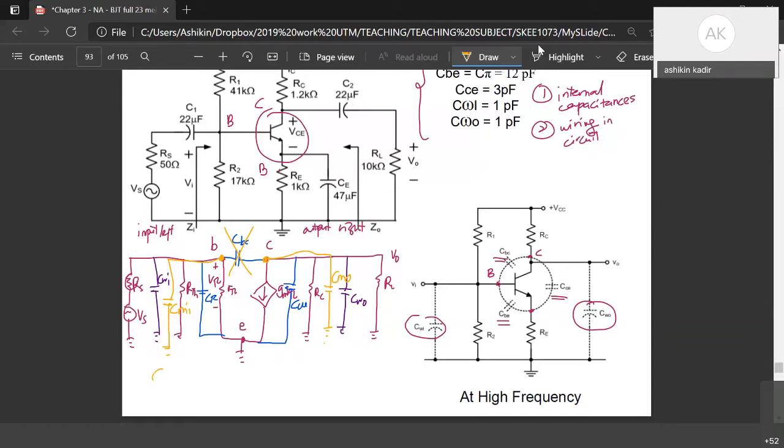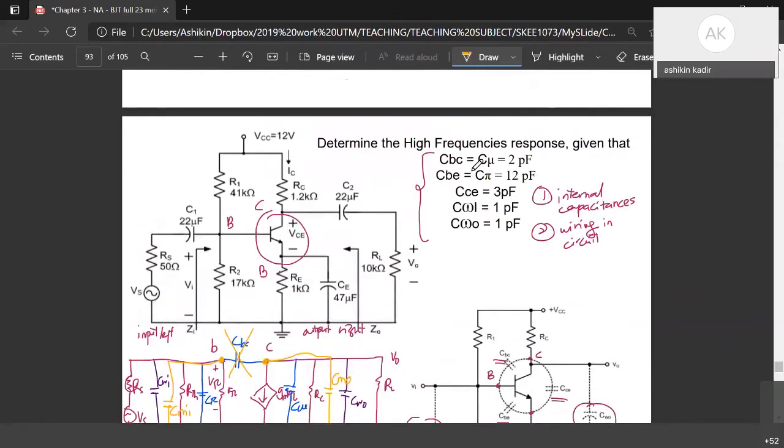So CMI equals to the original capacitor CBC in bracket 1 minus AV, and then CMO is equal to CBC in bracket AV minus 1 divided by AV. AV, right? So you replace the CBC that is given in the question.